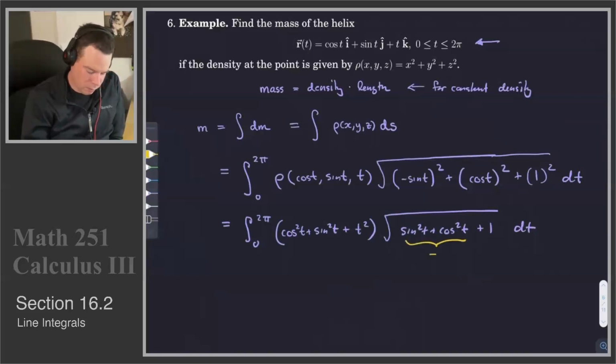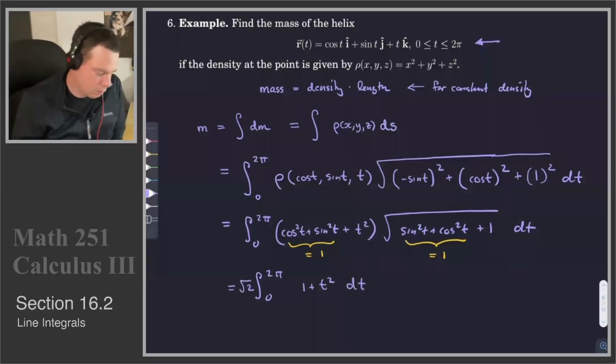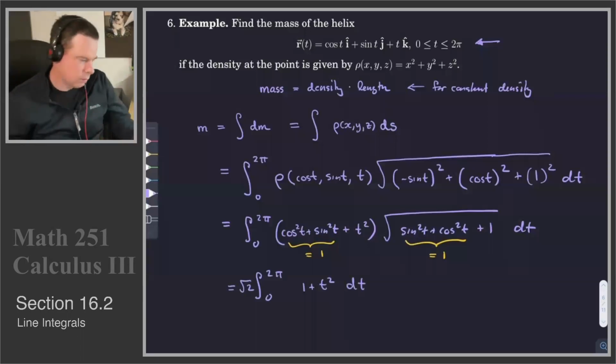And sine squared plus cos squared is 1. So we get some nice simplifications in both of those expressions. And we get the integral from 0 to 2 pi of 1 plus t squared. And then the other part becomes a root 2. So I'll put that out front, root 2 dt. And so that ends up being our expression for our mass.